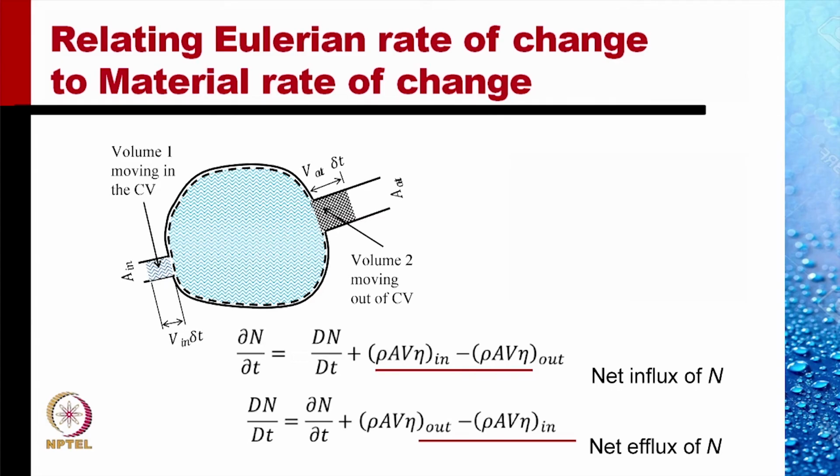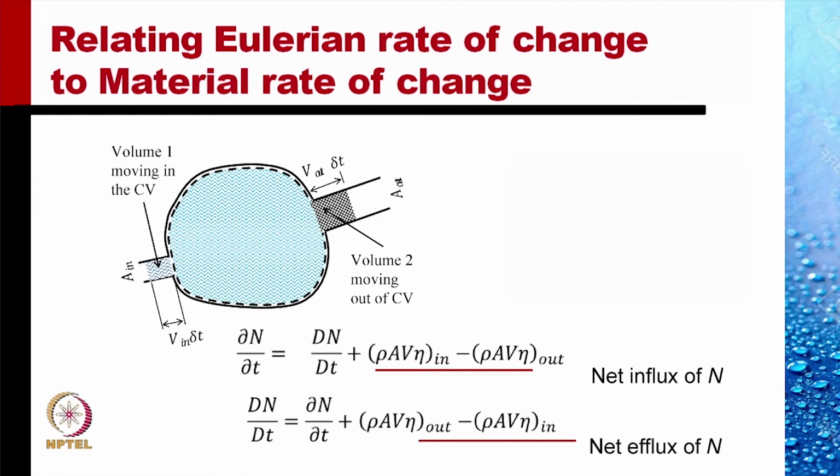And so, if we divide by delta T, we get this relation. Delta N by delta T is equal to dN by dt plus rho AV eta at the inlet minus rho AV eta at the outlet.